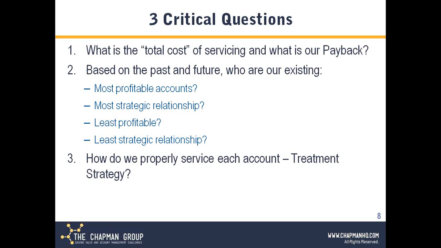What we would like to recommend, as you'll see shortly, is that we take a view of two things: the economics and relationships as they are or have been, but we also want to do the segmentation process with more of a futuristic view. We want to look at the future as it relates to profitability or economics as well as relationship. So we end up understanding who will be our most profitable accounts and strategic relationships, and even who might be our least profitable and least strategic relationships.